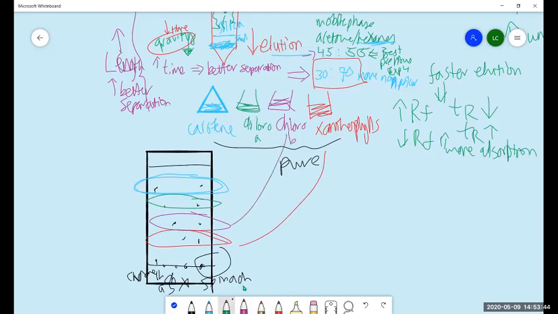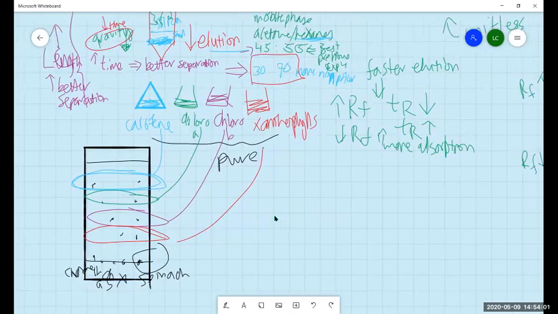So maybe the color might help. You had fraction 1 that eluted first, fraction 2, fraction 3, fraction 4, and then your pure spinach sample for cross-analyzing them.